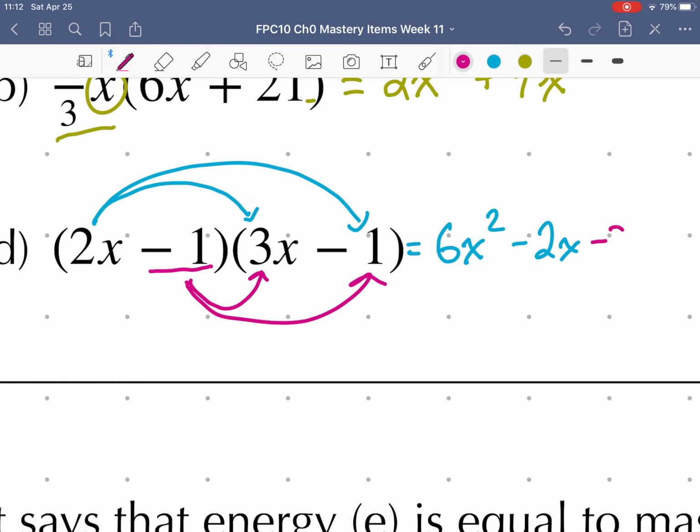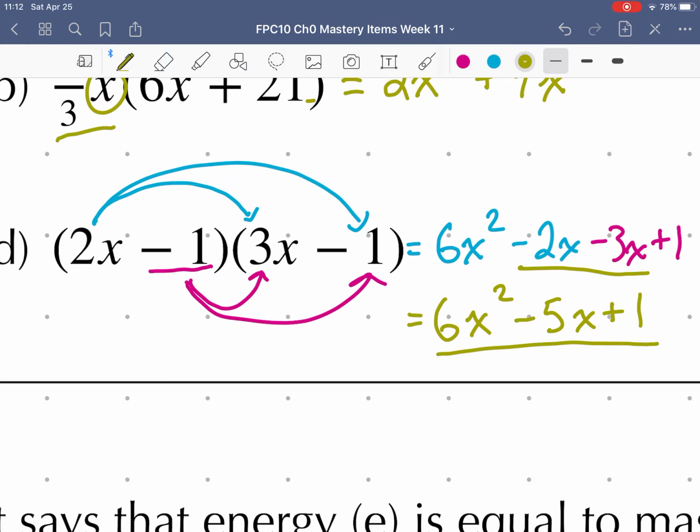Minus 1 times 3x is minus 3x. Then minus 1 times minus 1 is plus 1. Now, as our last step, we simplify our polynomial answer by combining like terms. 6x squared minus 5x plus 1. We get our trinomial answer of degree 2.